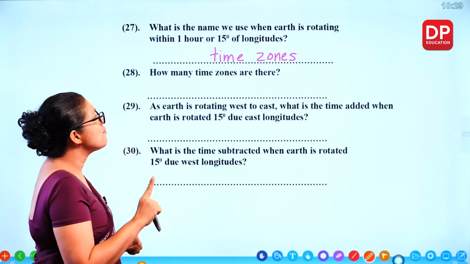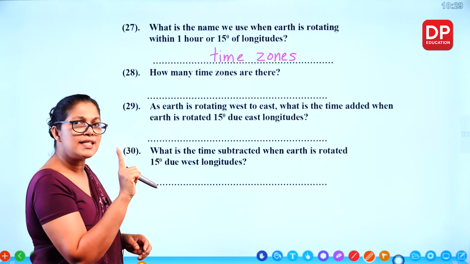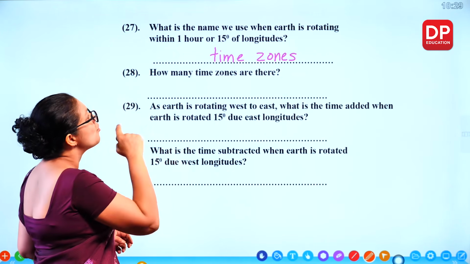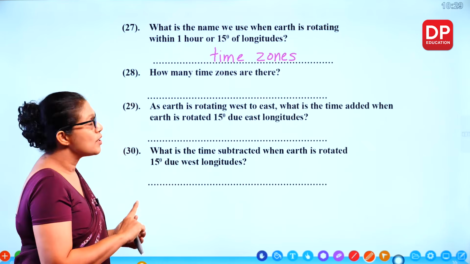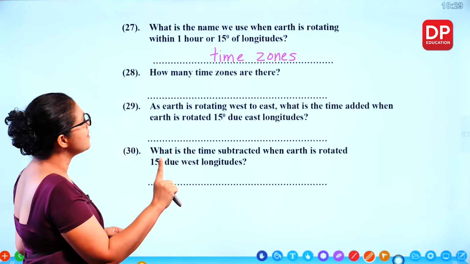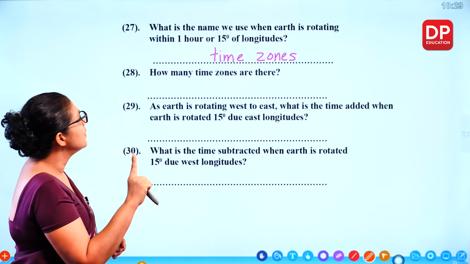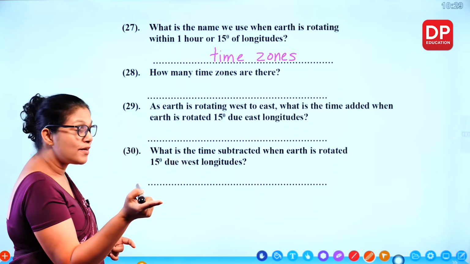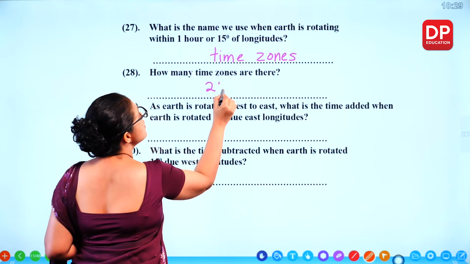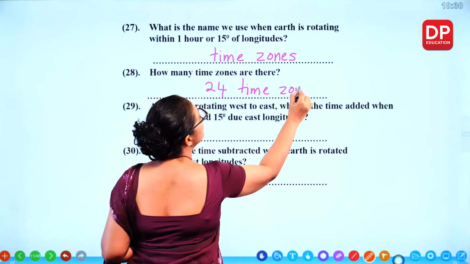And how many time zones are there? It takes 1 day to rotate 360 degrees, and 15 degrees is 1 hour. So there are 24 hours, so there are 24 time zones.